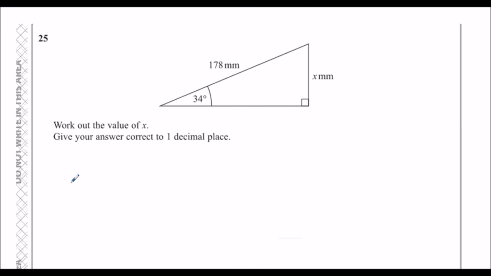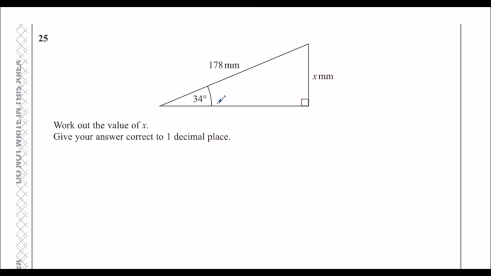Question 25. Work out the value of x. Give your answer correct to 1 decimal place. So we've got a right angle triangle here. And it's not Pythagoras, because Pythagoras is when we've just got 2 lengths involved. We've got an angle here, so we're using trigonometry, SOHCAHTOA, to find out this missing length.